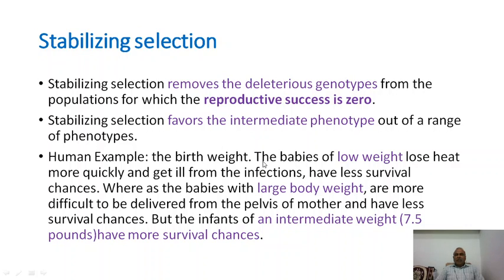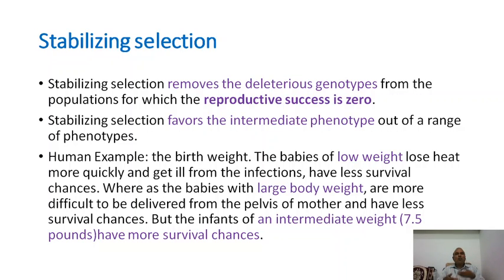Babies of very low birth weight have low mass. Low mass means fewer cells, and fewer cells means less metabolism. The environment in England is very cold and needs heat generation by the infant's body.